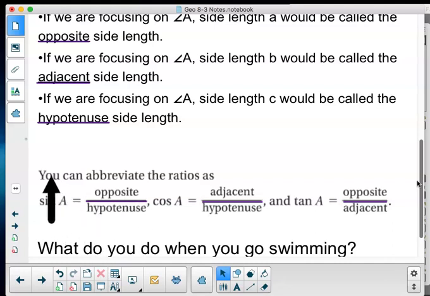And if I put sin A into a calculator, the sine of any angle has the same value as the opposite side of that angle divided by the hypotenuse. The cosine of angle A, remember it's a cosine ratio, has the same value as the adjacent over hypotenuse. And the tangent of whatever angle A has the same value out of a calculator as the opposite over adjacent.